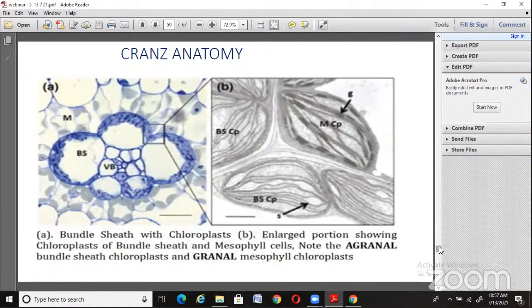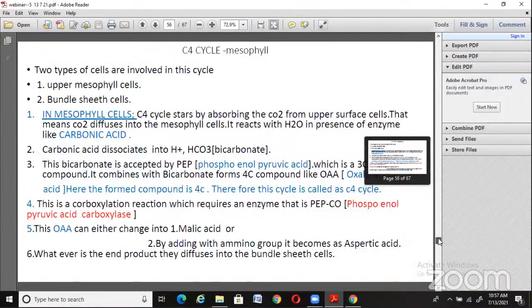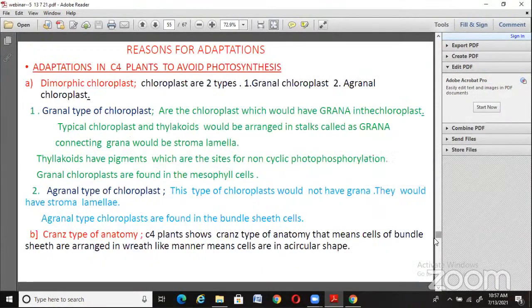In the grana type of chloroplast, the chloroplast has grana. In a typical chloroplast, thylakoids would be arranged in stacks called grana, and connecting the grana would be stroma lamellae. Thylakoids have pigments, which are the sites for non-cyclic photophosphorylation.